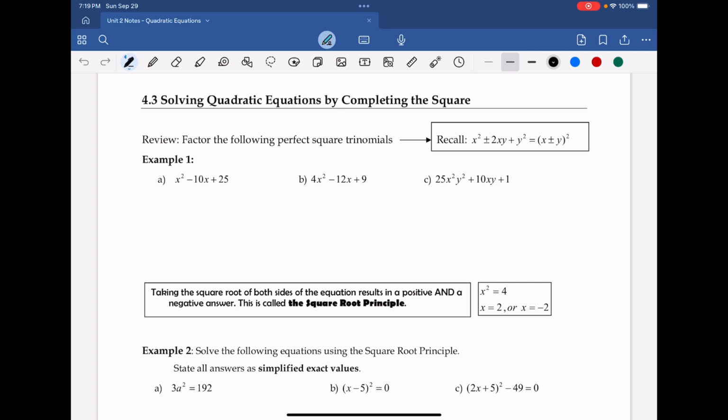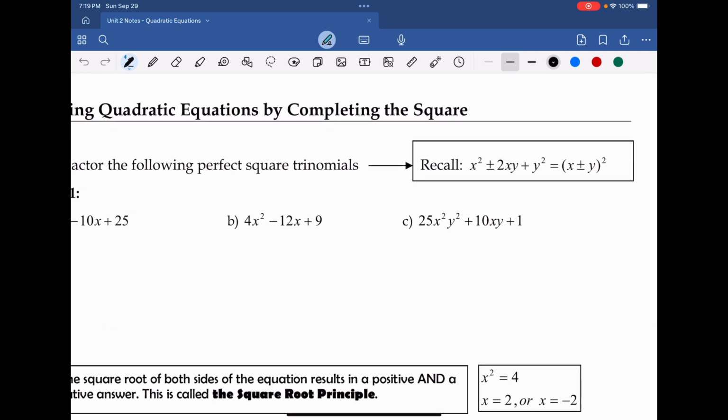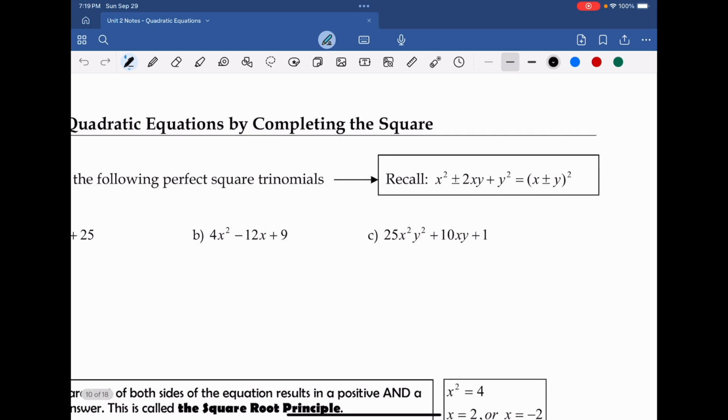So suppose that we have a perfect square trinomial such that we have in the box here, x squared plus 2xy plus y squared. Well, this was always equal to an x plus y or an x minus y squared, where the middle sign, the plus or minus, whatever is in this position determines the sign that goes in the binomial.